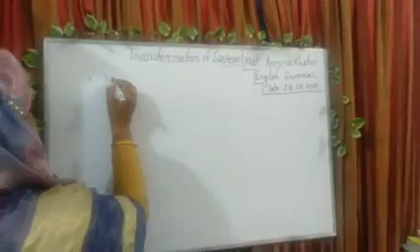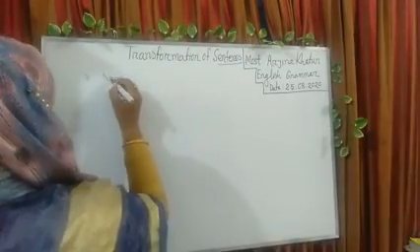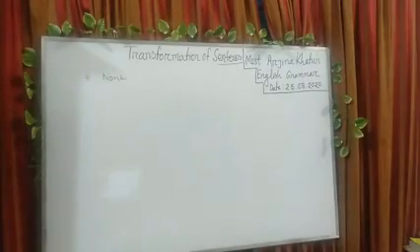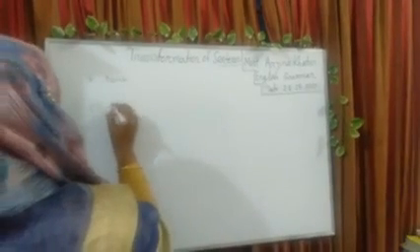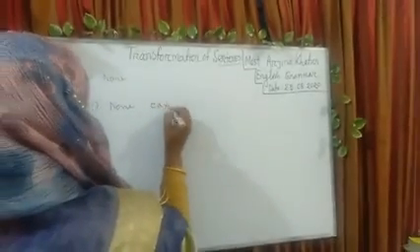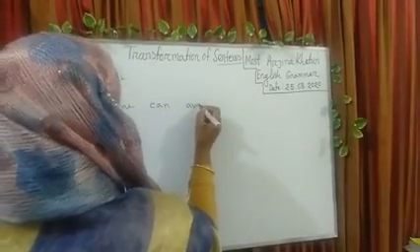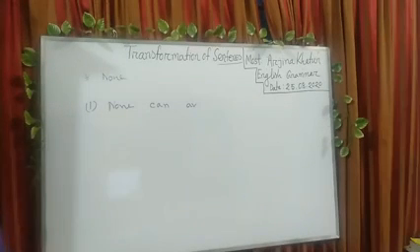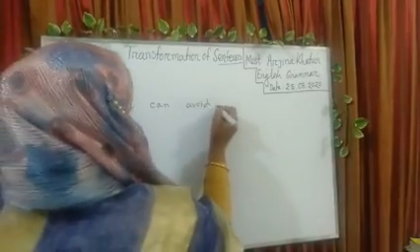Okay, dear learners, when the sentence has none, for example, none can avoid the death.